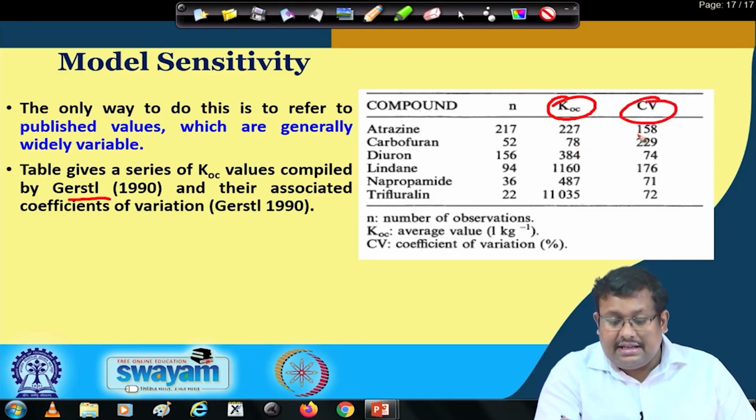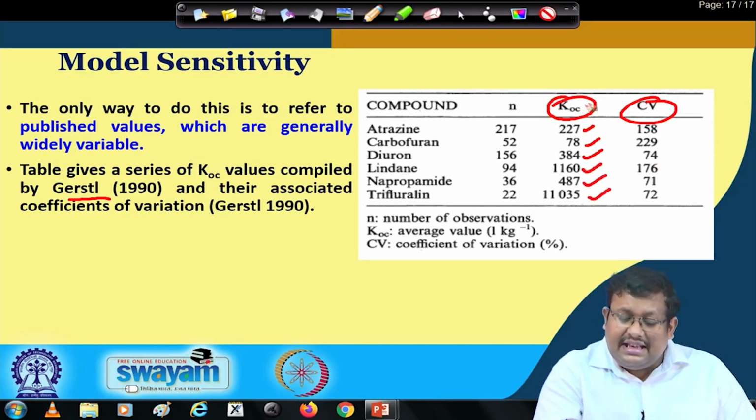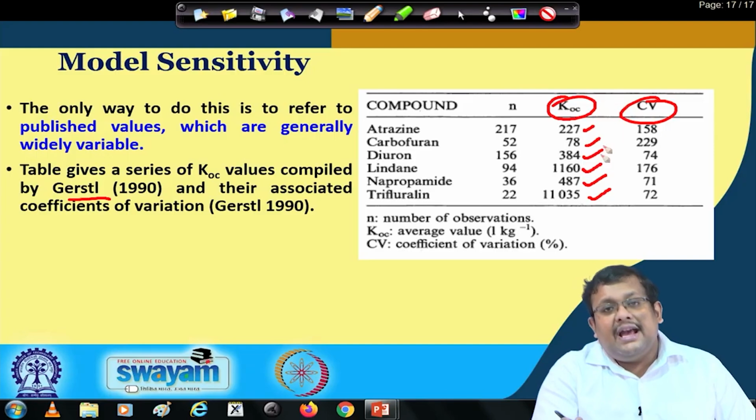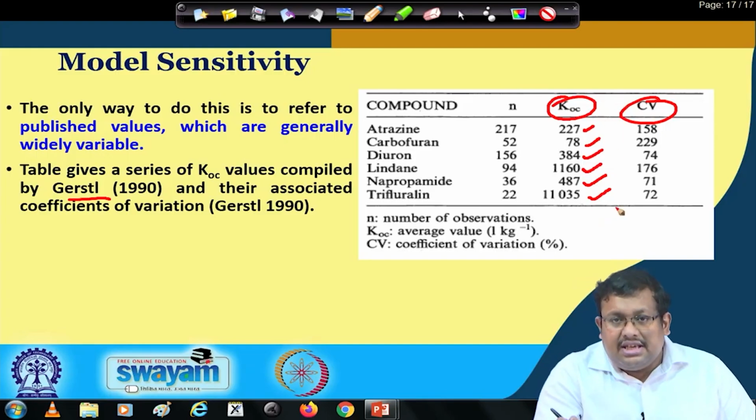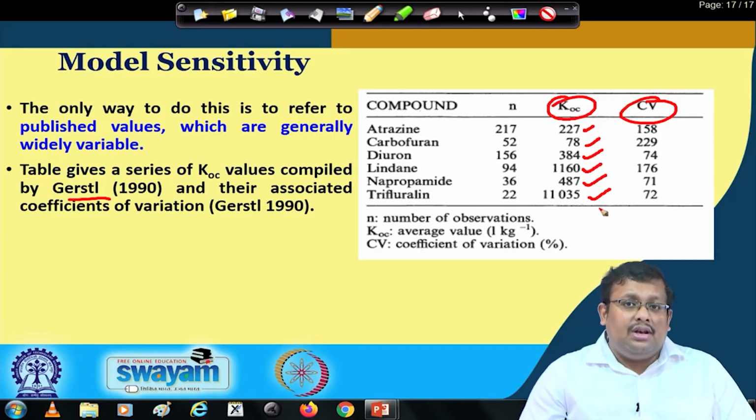You can see the values 227, 78, 384, 1160, 487, 11035. Basically, this shows a wide variation. So, you have to take these values and input them to see the sensitivity of the model.